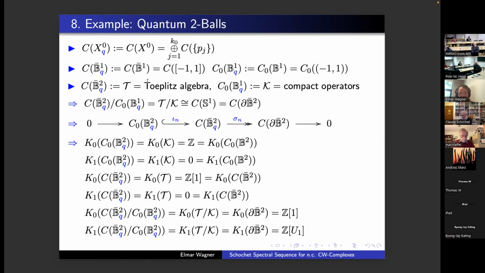It has a unique closed two-sided ideal, the compact operators. And the nice thing is, if I take the quotient of the Toeplitz algebra by its inside, the compacts, I get functions on a classical circle.